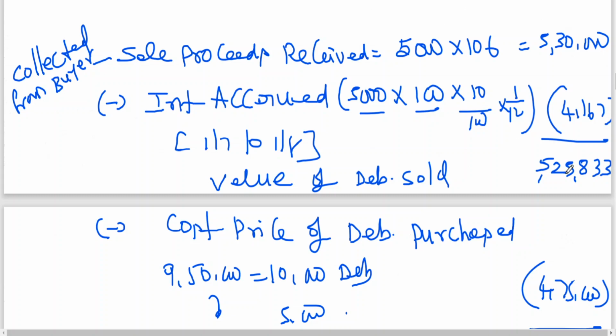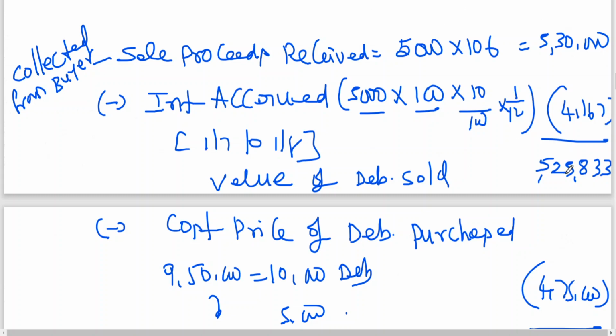Is this clear to all of you? It means a simple logic is that when you are selling the debentures cum interest, the cum interest amount is included in the quotation price.